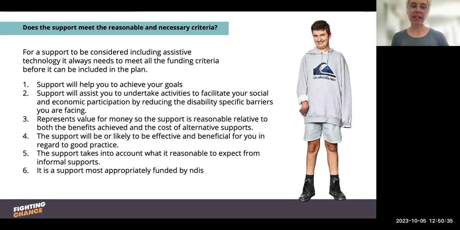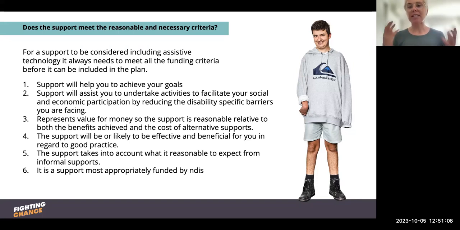The next point is that the support will assist you to undertake activities to facilitate your social and economic participation by reducing the disability-specific barriers you are facing. So the NDIA are essentially going, okay, this piece of equipment is going to help that individual to achieve something that they wouldn't typically be able to achieve due to the barriers they face as a direct result of the disability they've met access for.